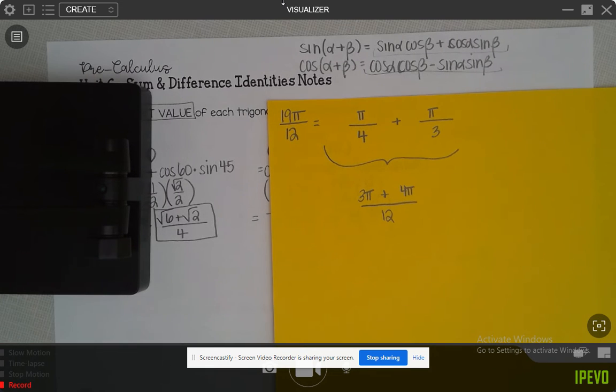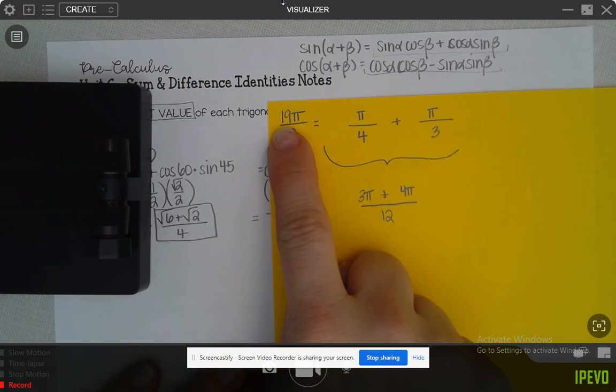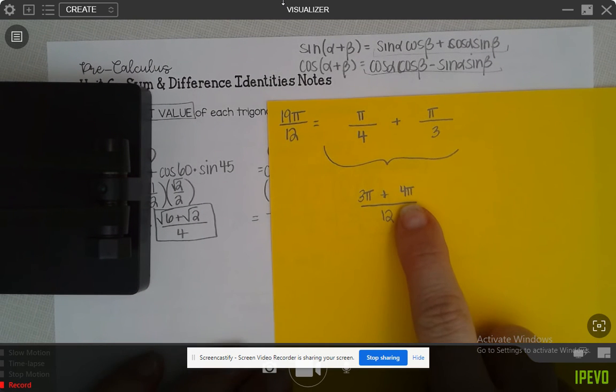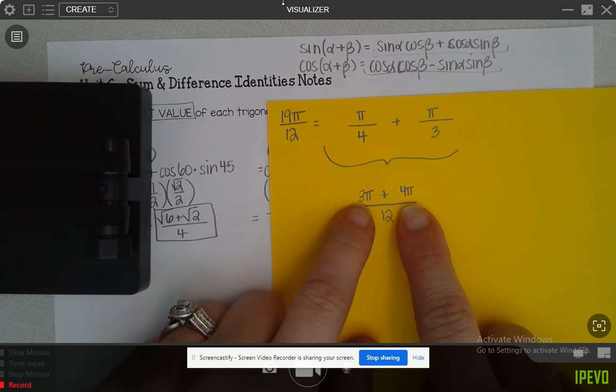Now, here's where the more you have that number sense, the easier it's going to be. This is me, I immediately see if I take 19 and subtract 4, that's 15, yes? How do I get 15 with 3? You can multiply by 5.